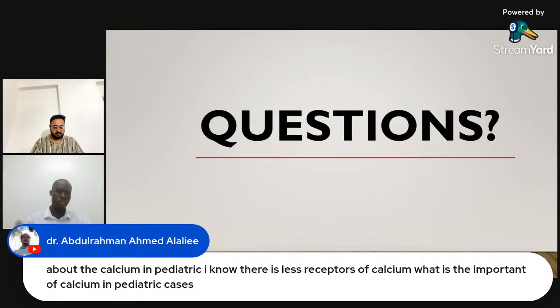And remember, you can't give calcium when the cross clamp is on, as you mentioned in one of your posts on LinkedIn. It's not good to give calcium when the cross clamp is on because of the stone heart. So the importance of giving calcium after the cross clamp is off is to increase the contractility, and this will also help to increase the cardiac output.